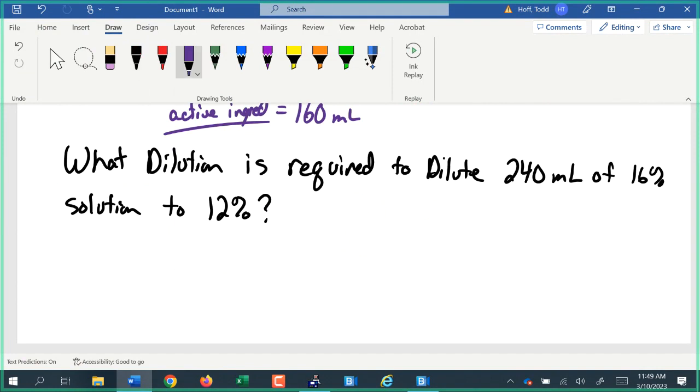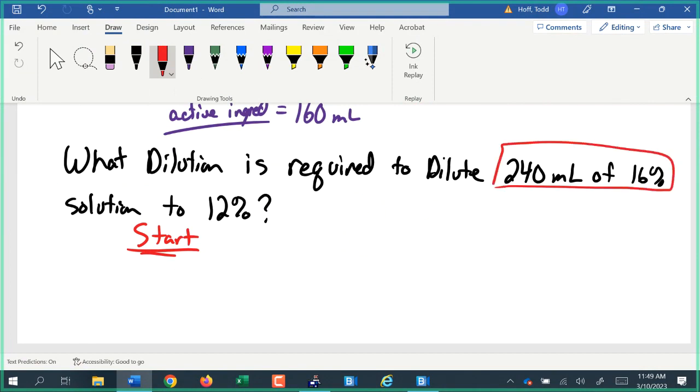So here, this process is important to start with what we are starting with, I should say. We are starting with 240 milliliters of 16% solution.